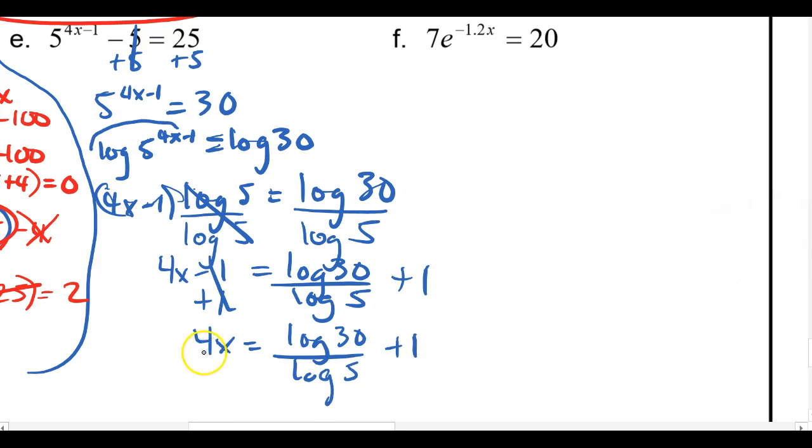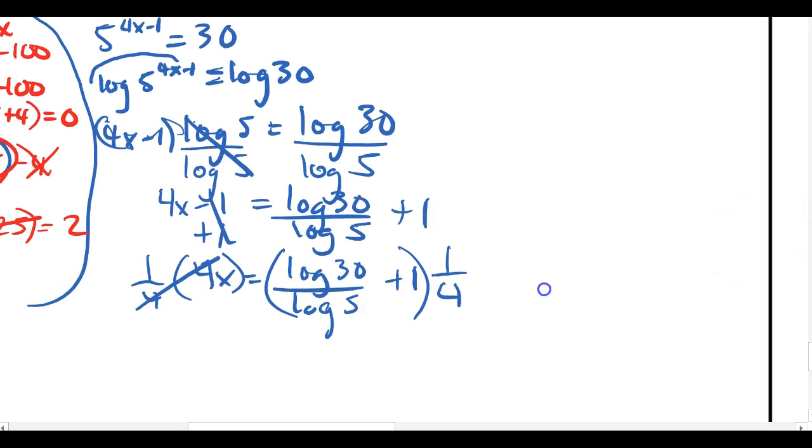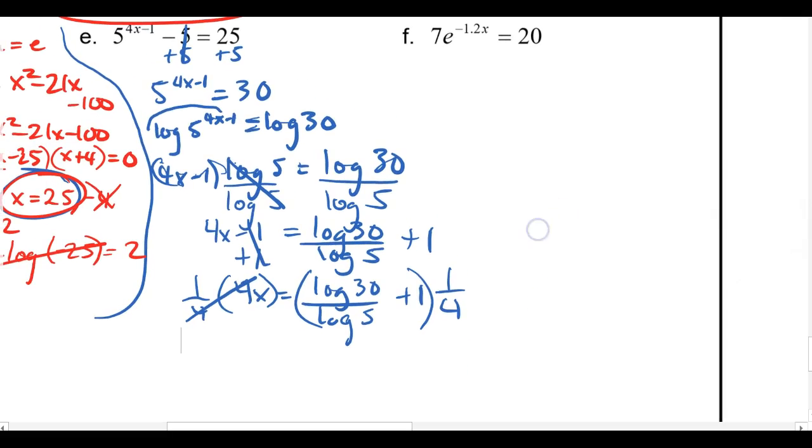And then the last thing we need to do is get rid of this 4, and I can either divide by 4 or multiply both sides by 1/4. You're doing the same thing. Whether I divide by 4 or multiply both sides by 1/4, I'm getting the same result. So those cancel out. So now x is going to be equal to this side evaluated.